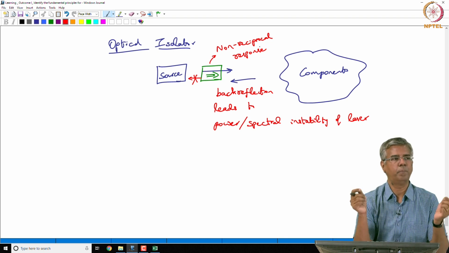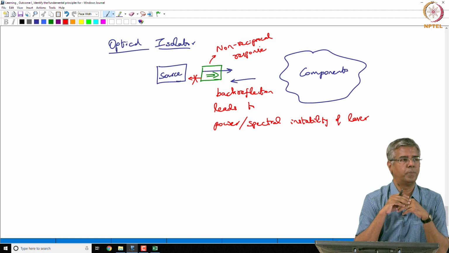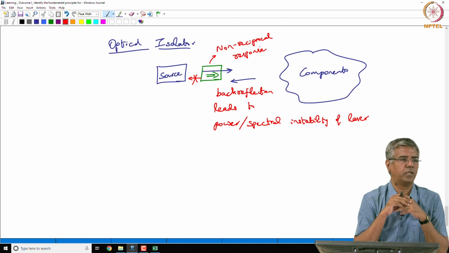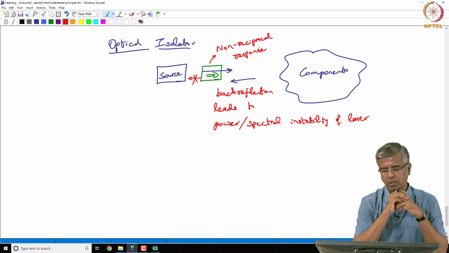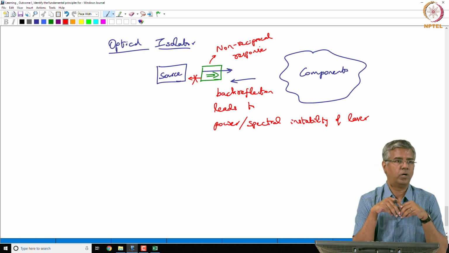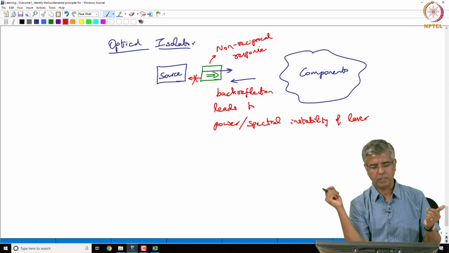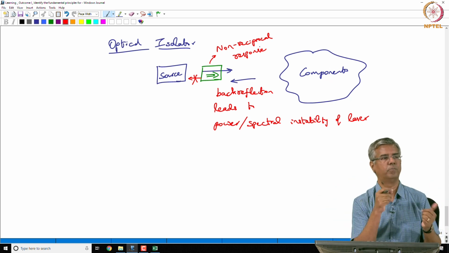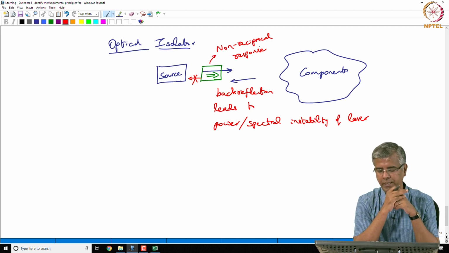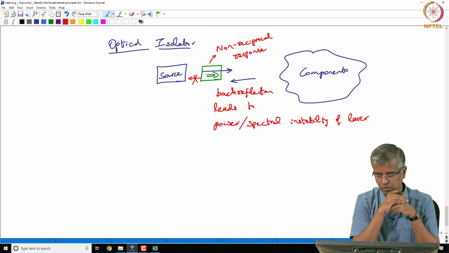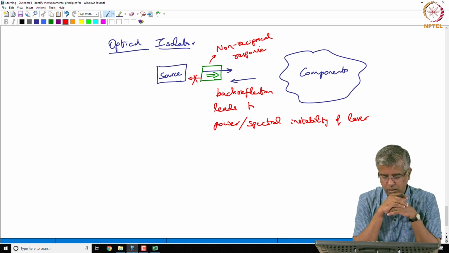When you are flipping the input and output, if the response is the same, then you say that component is reciprocal. Okay. But that is not what we want. We want light to go from left to right, but we should not have light going from right to left. Okay. So, we need a non-reciprocal response. So, how can you achieve a non-reciprocal response?